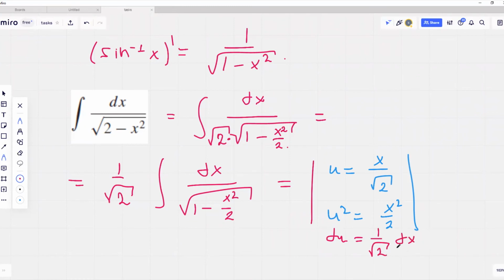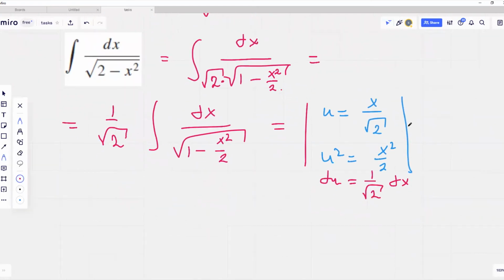So we have no problem with that, since we can always artificially multiply and divide by some constant. So our integral here is transformed into, instead of dx, we'll have the square root of 2 du. So the square roots of 2 will cancel out. We'll have the integral of du over the square root of 1 minus u squared, with x squared over 2 replaced by u squared.